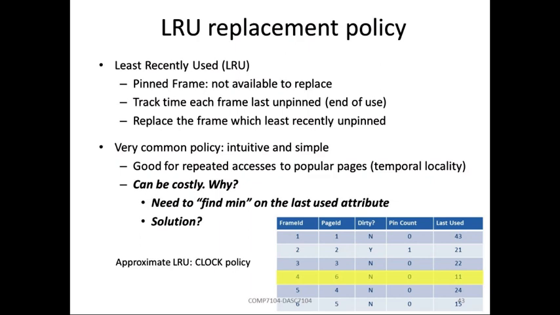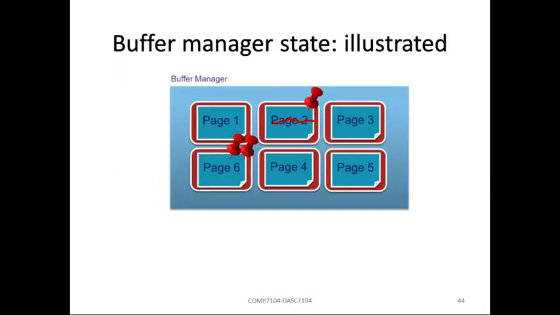Finding such a minimal value is conceptually easy, but doing it fast when we have tens of thousands of frames may be a bit too costly. So let's now talk about the clock policy.